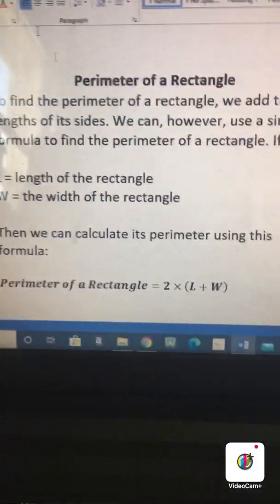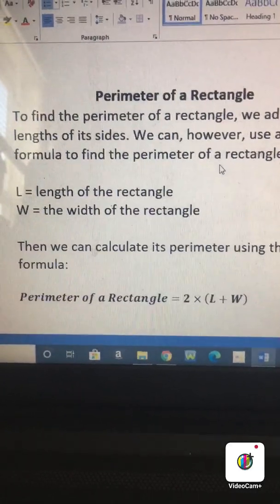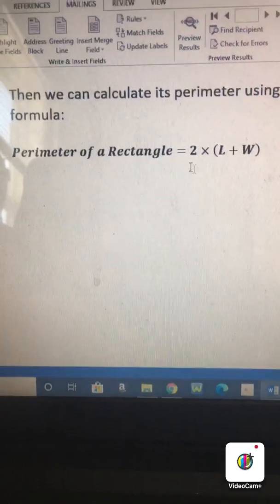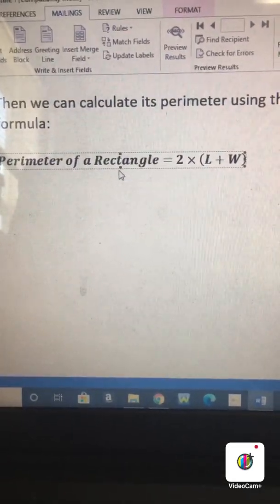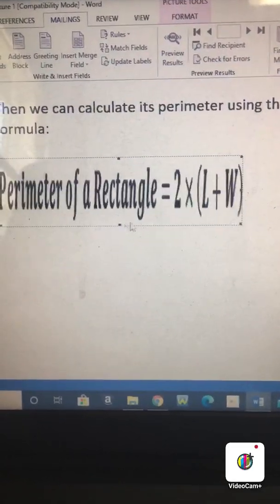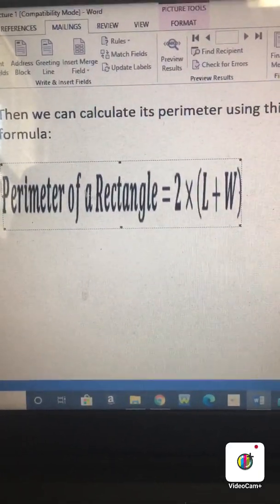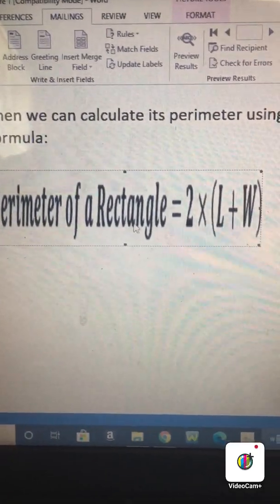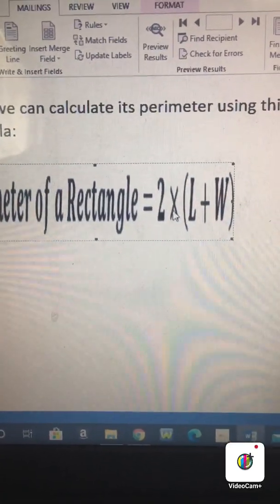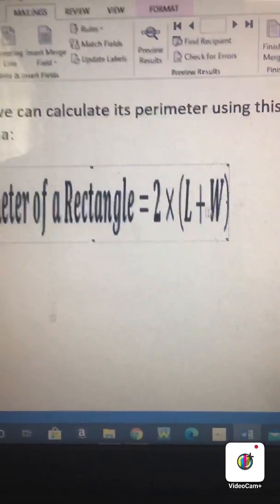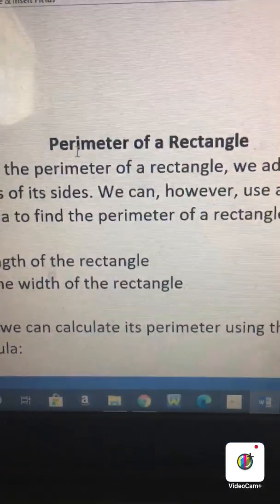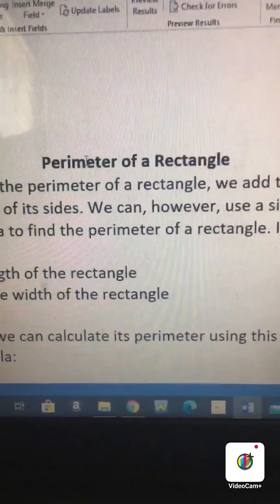So you can see the formula for finding the perimeter of a rectangle right here. Let me make it big so that you can see it. See? It is perimeter of a rectangle equals 2 times length plus width. Remember that the perimeter simply means the distance round. Okay?